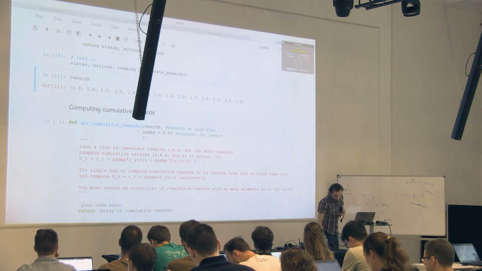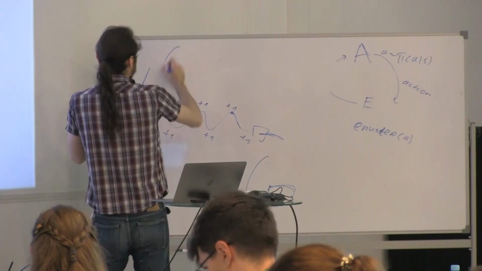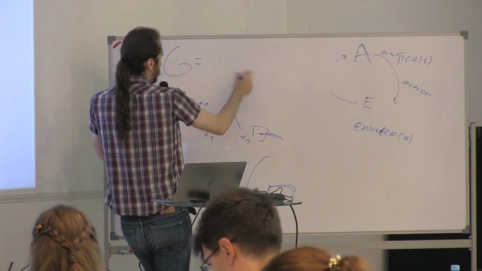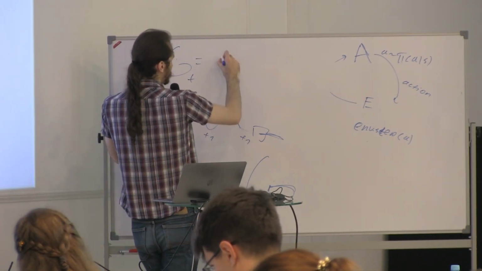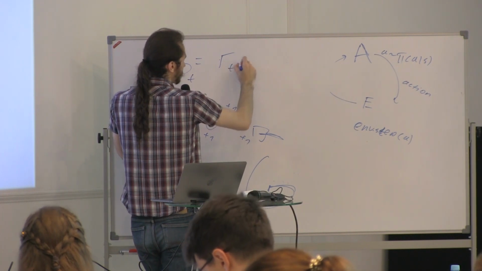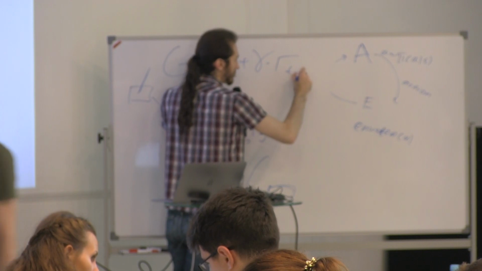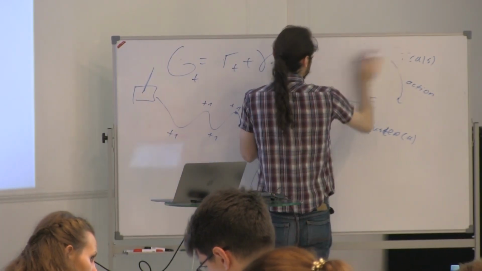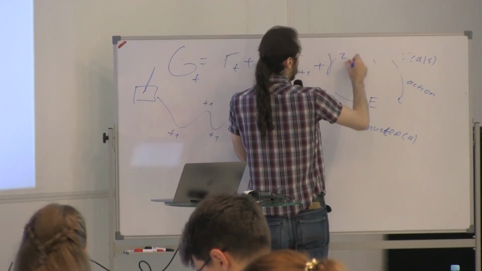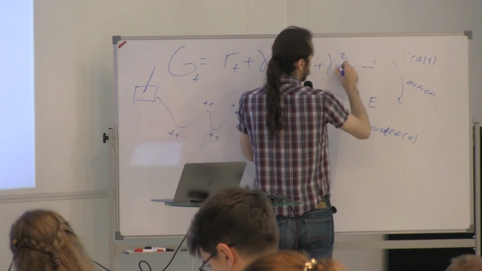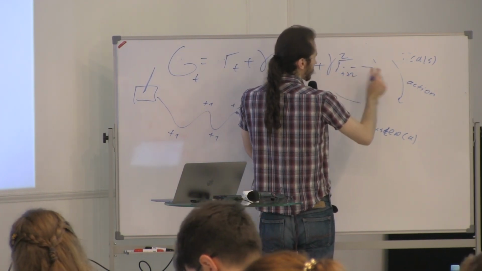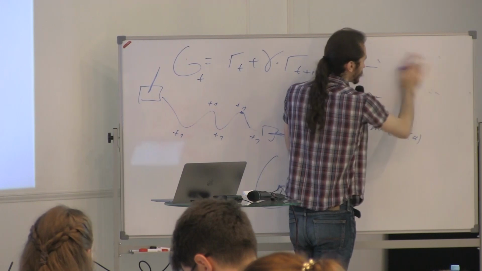So what you need to compute is basically G at the moment t equals reward plus this discount factor times reward at the next step, and so on, until you reach the terminal state.